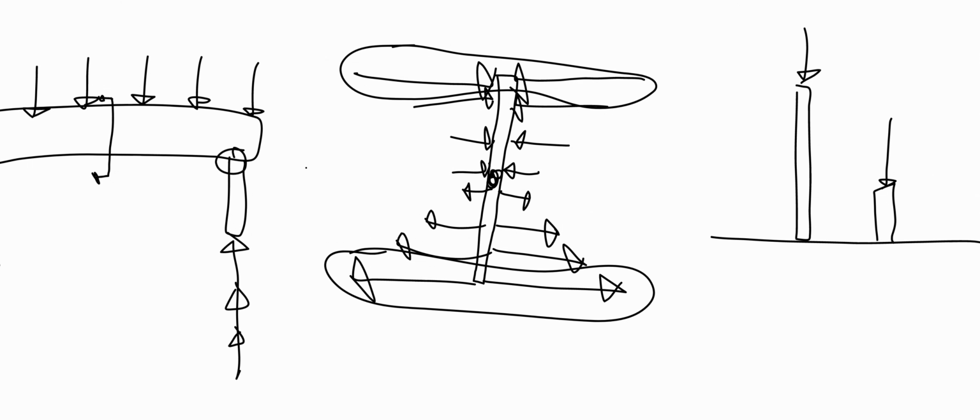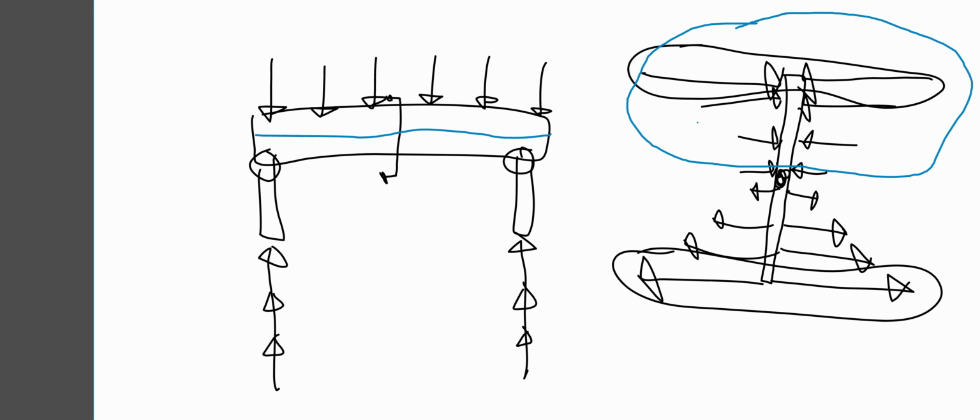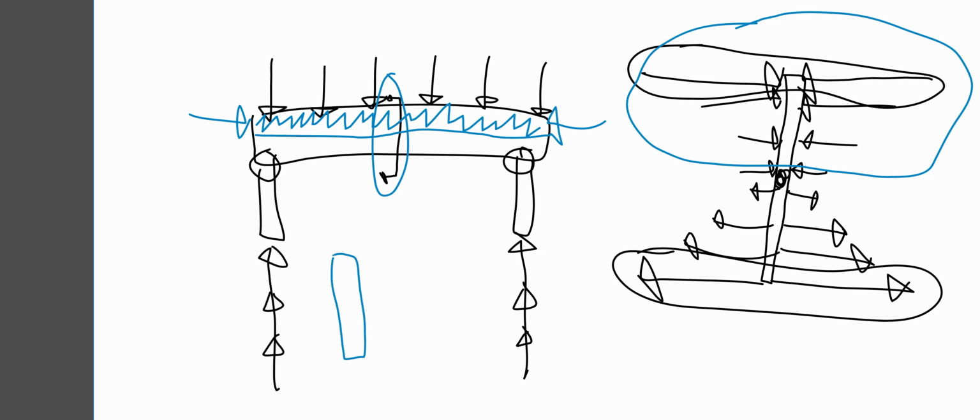If we apply that premise to a beam, then the top half of the beam is the part that's in compression. So this part is in compression. Compression causes buckling. So if the top half of my beam is all in compression, like it's all getting pushed in like this, then if I were to look at this actual section here, when the beam is not being loaded, it would be vertical like that.